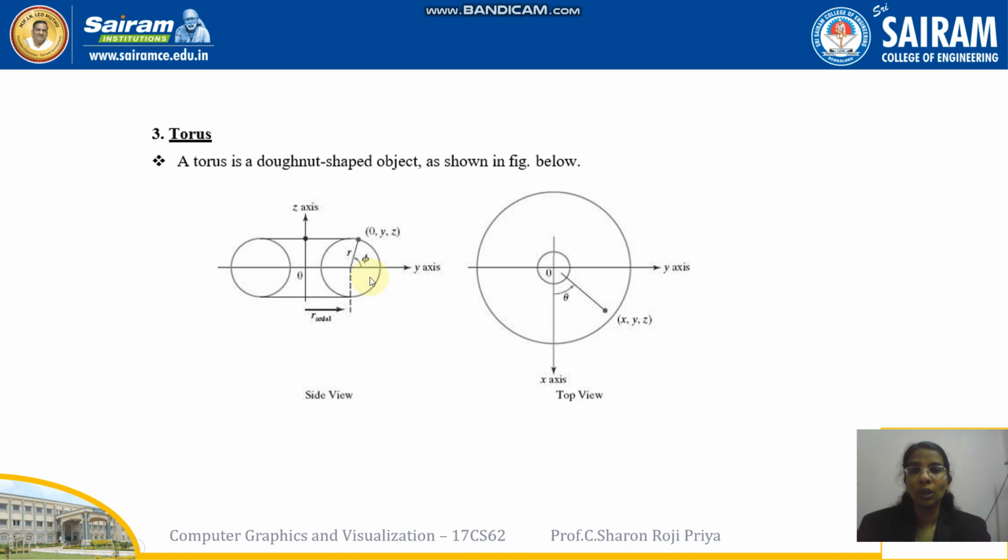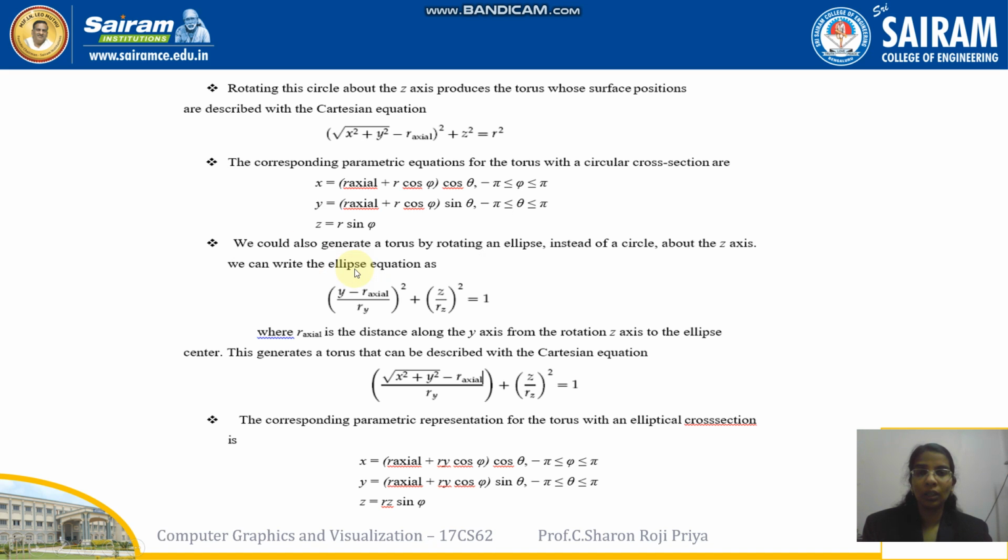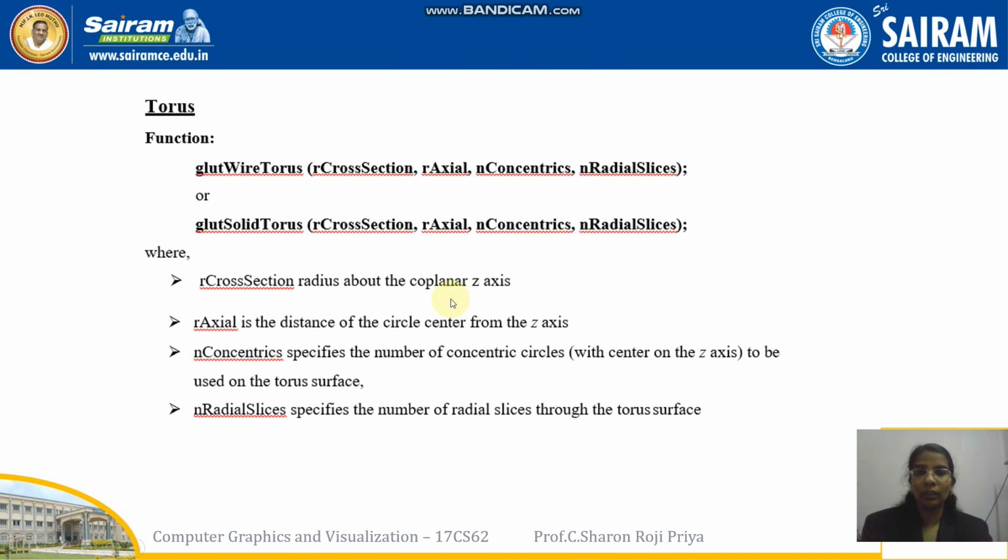The parameters are the radius of the cross section, R axial, and concentrics. Concentric circles are circles with the same center. And the radial slices are the slices of the donut.